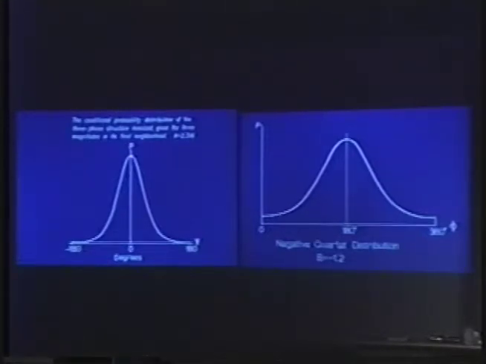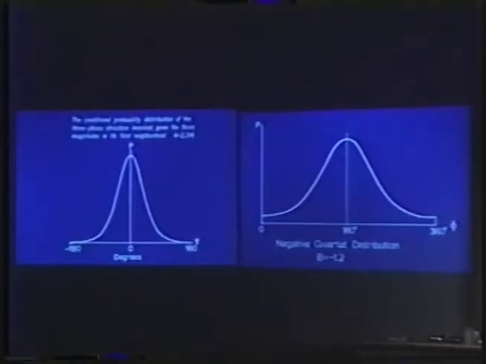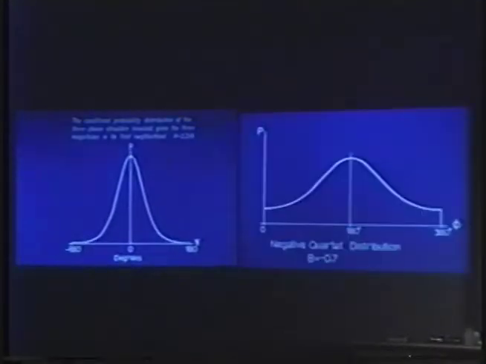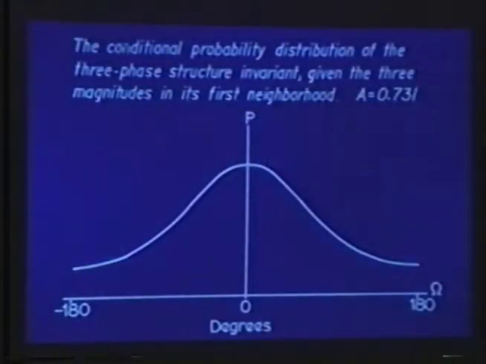However, for a macromolecular structure, the parameters A and B are never very large, and the distributions, therefore, are much flatter than they were in the earlier case. Here, when the parameter A is 7/10, the distribution looks like this. Again, the most probable value is 0, but the estimate, 0 for the structure invariant, is now not a very good estimate because the variance of this distribution is rather large.